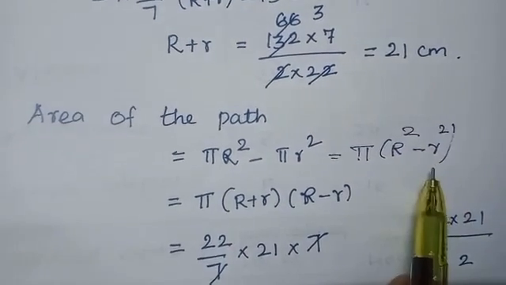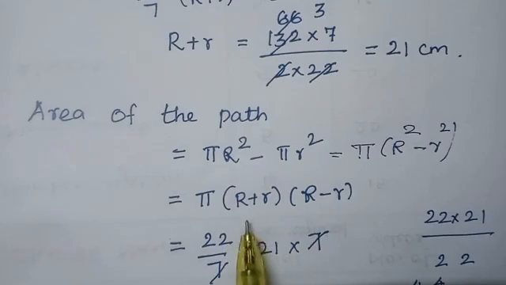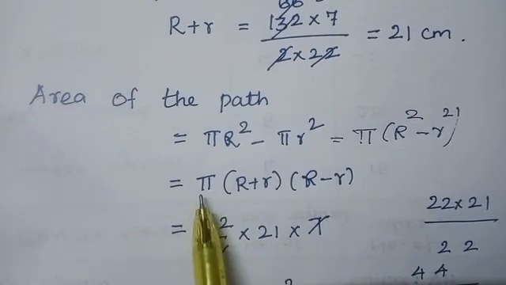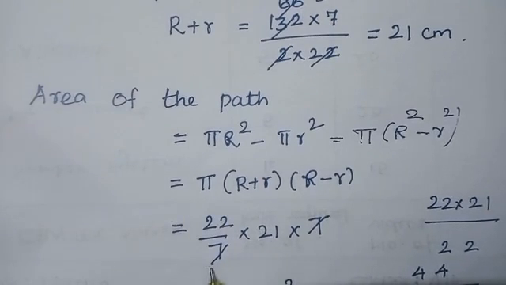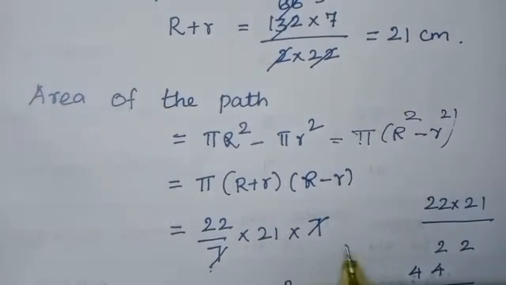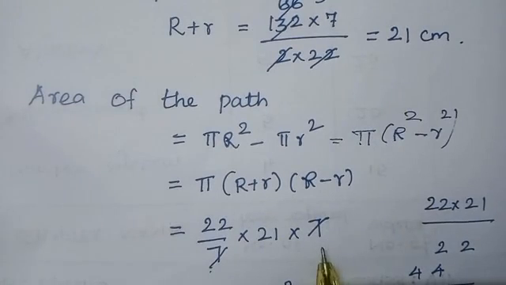This R square minus r square we can write as R plus r into R minus r. Next, pi value 22 by 7. R plus r value we already got, 21 centimeter. R minus r, width of the ring, is 7 centimeter.